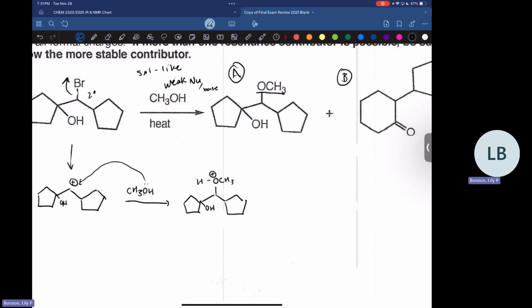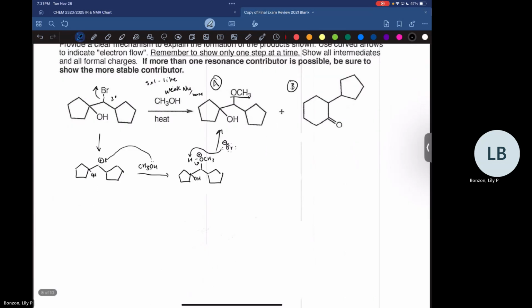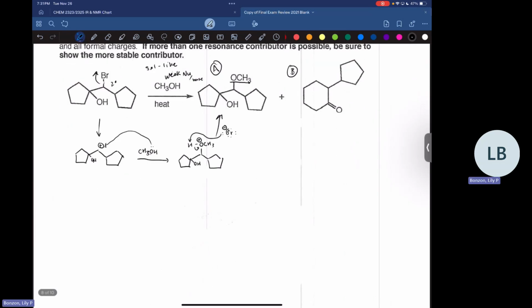And then for the last step of this mechanism, we just have to show that hydrogen being deprotonated from that O+. So we formed A. That was not too bad.